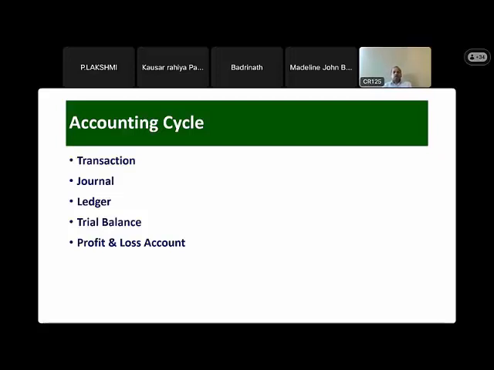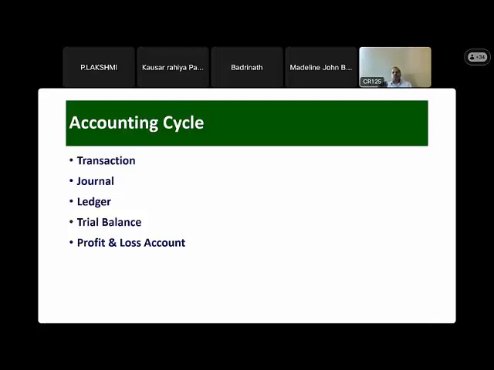So now we understood what a profit and loss account is. It's a statement of all your income and expenditures during a particular period of time, and you can prepare it monthly, quarterly or annually. There's one more question here: can we prepare a profit and loss account every day?